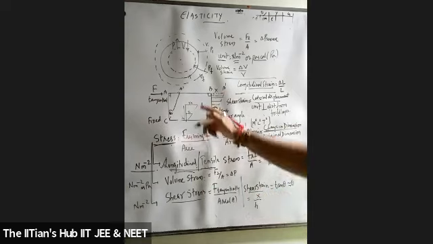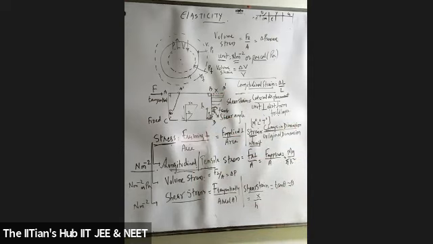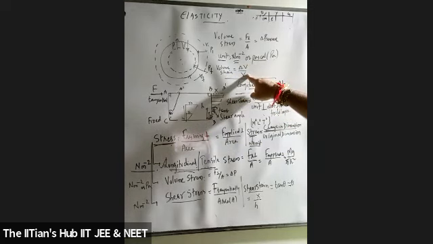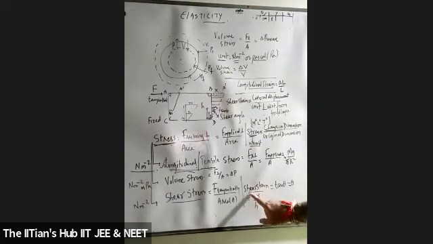So students, when there are three kinds of stress, there are three kinds of strains. Which are the three kinds of strains we consider? Longitudinal strain. Change in length upon original length, no unit. Volume strain. Change in volume upon original volume, no unit. Shear strain. Lateral displacement to its perpendicular distance from fixed layer, x by h, which is equal to tan theta, which is nearly equal to theta. Why?